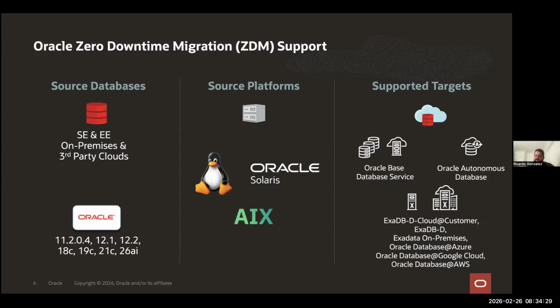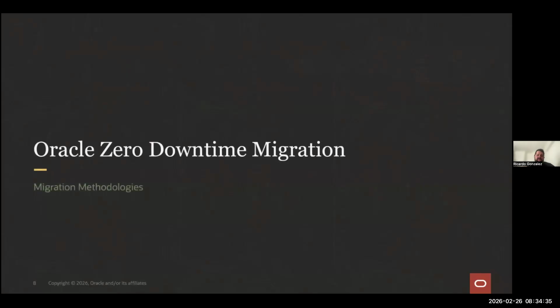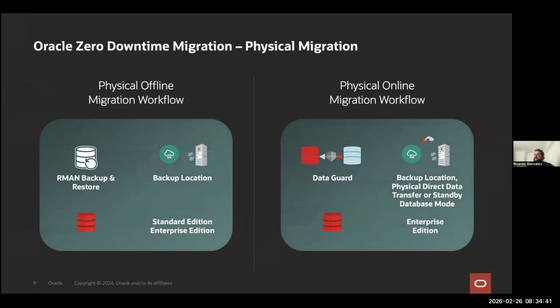Okay. Now we have different workflows, as I mentioned. Our methodologies, there are three of them. First of all, physical migration, and that's how we actually started our journey. The first release of ZDM only had physical migration. We have an offline workflow that allows us to do RMAN backup and restore.